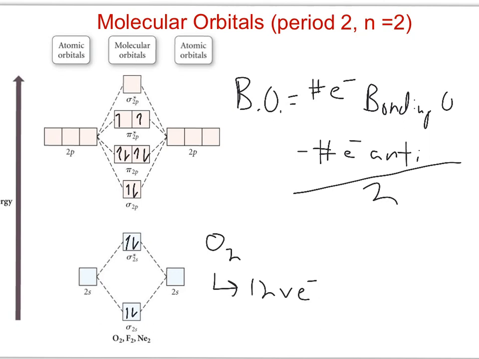So there are 12 valence electrons using our molecular orbital diagram, and plugging into the formula, we can determine the bond order. We've got 2, 4, 6, 8 electrons in bonding orbitals.